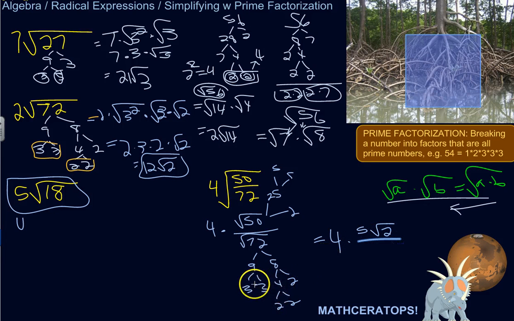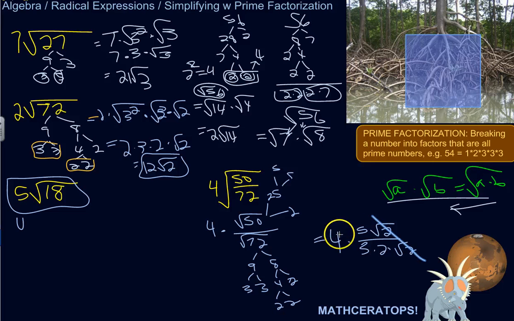And then here the square root of 3 squared is 3. Square root of 2 squared is 2. And then we had a 2 left over here. So square root of 2 and square root of 2 cancel out.